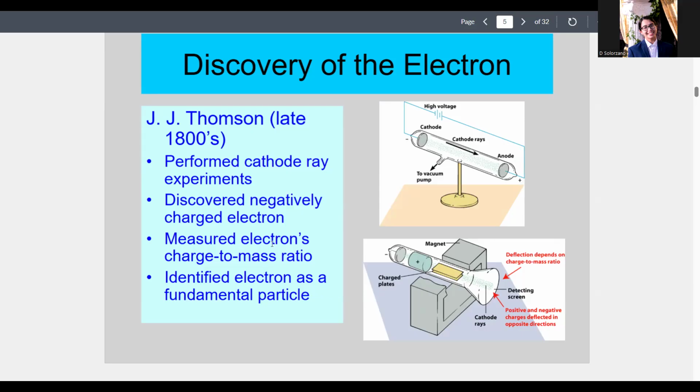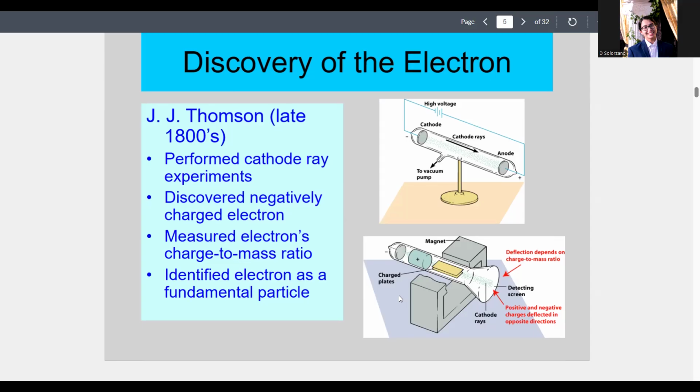Using this setup where he used magnets and charged plates, he was able to figure out two things: the fact that whatever the beam is made up of is negatively charged, and that they can be deflected by a certain amount. So he used the charge that he calculated and the amount that they were deflected to figure out the charge to mass ratio. And this beam that he was sending off was later discovered to be electrons, because in very simple terms, electricity can be defined as the flow of electrons.